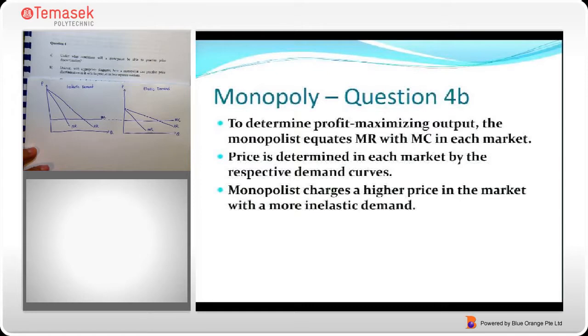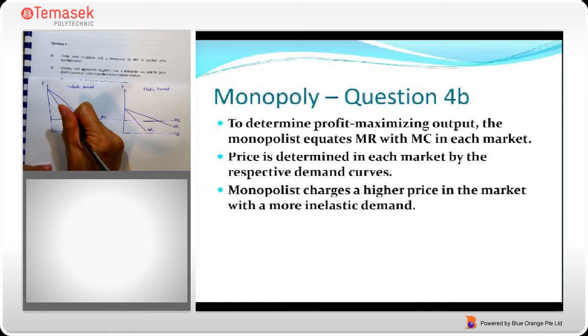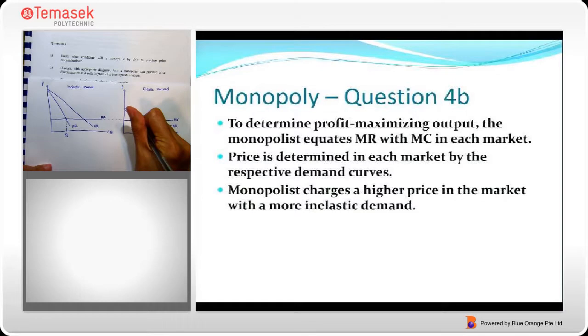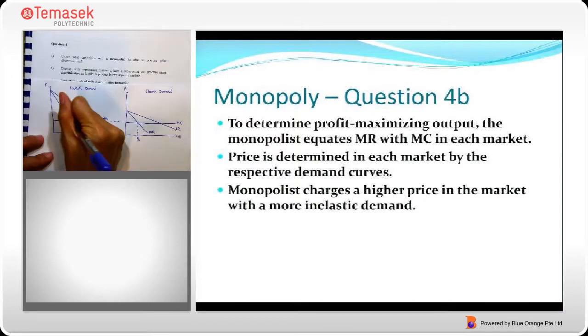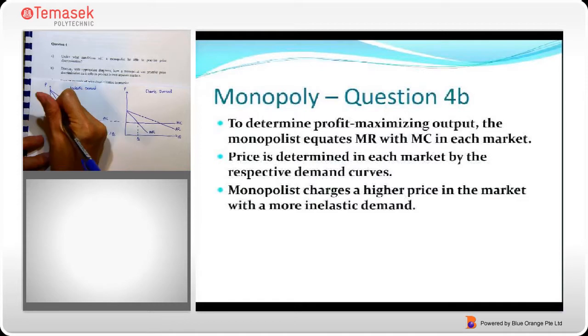Next we need to find our profit maximizing output, which is where MR equals MC. Next we need to determine price. Once again we dot up to the demand curve in order to get price.